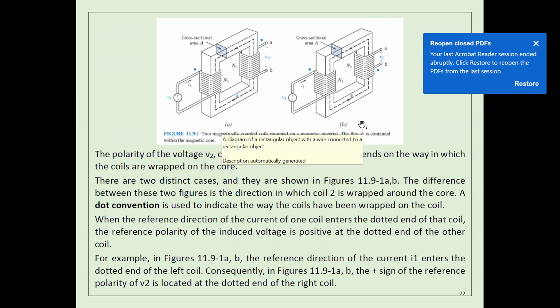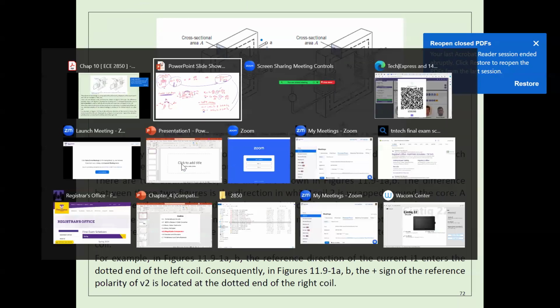Anyway, what I want to say is that the way you turn these wires tells you whether the induced voltage is going to assist the original voltage, plus or minus. Plus means it's going to assist, the same polarity, or it's going to be the other polarity.